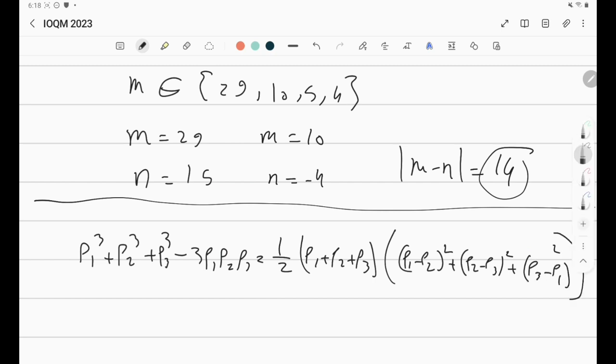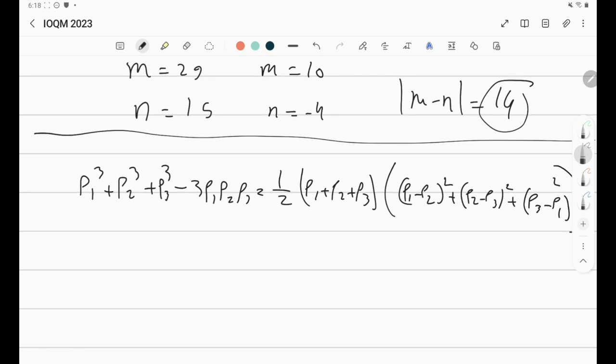This is a very important and common identity that you should keep in mind. This thing is 0, they told us, so that means either this thing is 0 or this thing is 0. Of course, if this thing is 0, that means all of them are zeros, because they're all non-negative. So that means all of them are equal, actually.